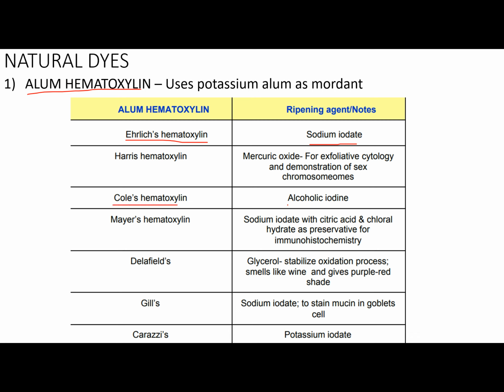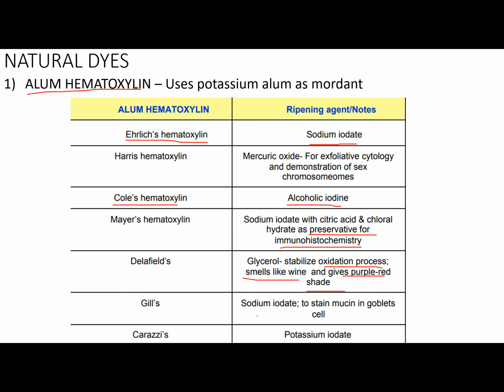Cole's hematoxylin, which uses alcoholic iodine. Mayer's hematoxylin, which uses sodium iodate with citric acid and chloral hydrate as preservative, for immunohistochemistry. Then we have Delafield's, which uses glycerol as a stabilizing agent for the oxidation process. It smells like wine and gives a purple red shade.